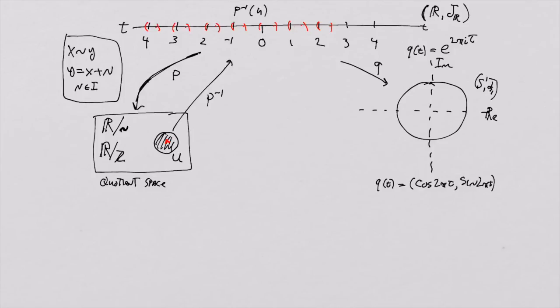I know that each of these intervals is going to map to the same interval on this circle as well, right? So I know that I'm going to get something like that for, say, these intervals that I've plotted up here under Q.